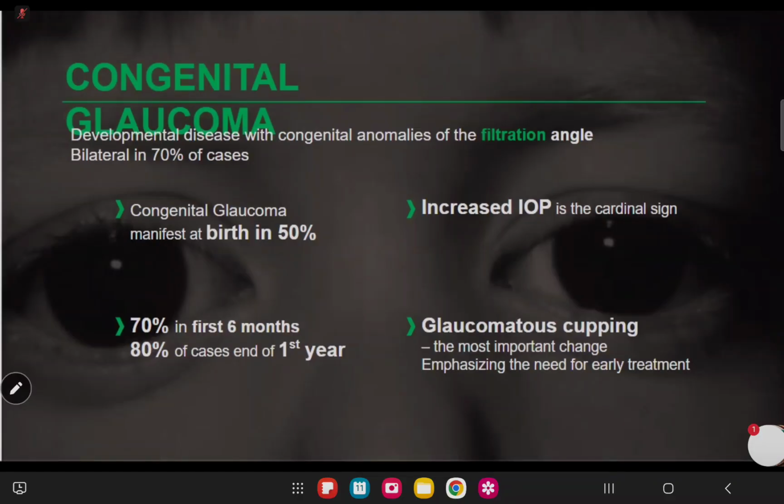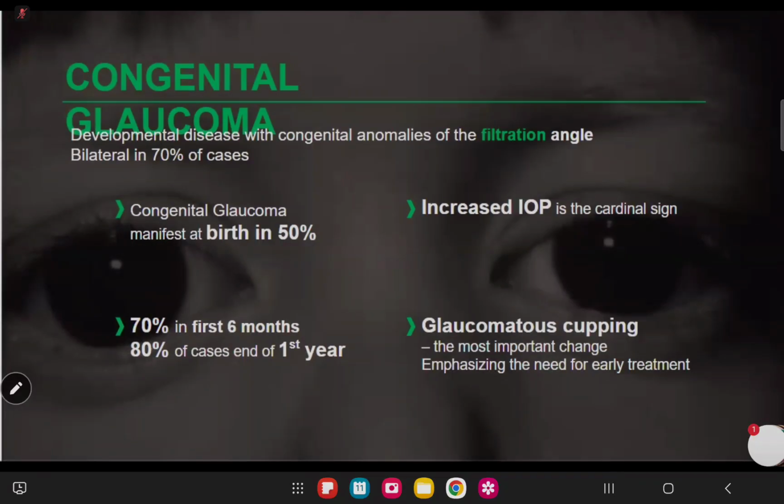It is a developmental disease with congenital anomalies of the filtration angle, and it is 70% bilateral. There is increased IOP, minimum 30, and it could range from 30 to 60 millimeters of mercury, compared to the normal 10 to 21.